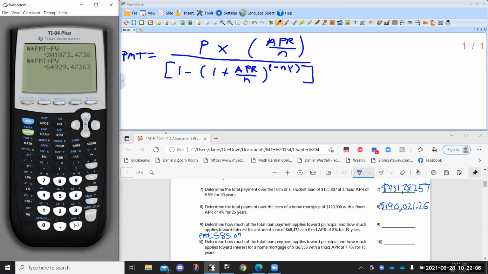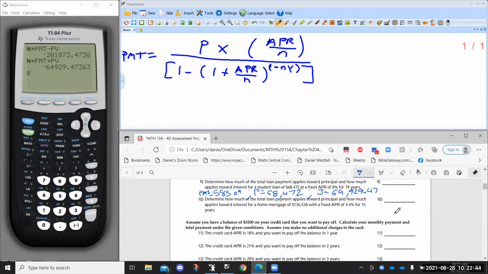So yeah, watch out for your signs. Since this was a negative number, the opposite of it is going to be positive. So interest is going to be 64,929.47, and my principal is going to be 68,472. Okay.